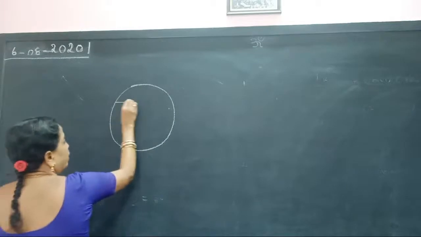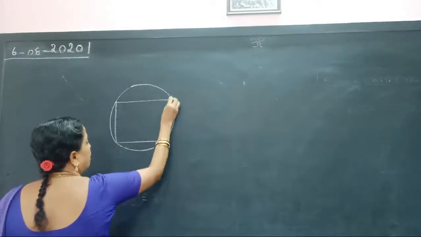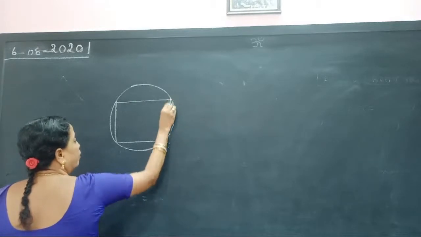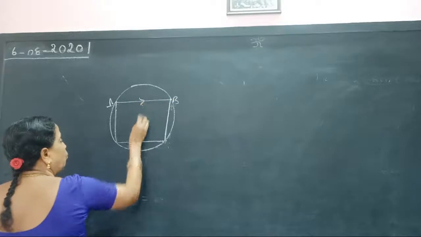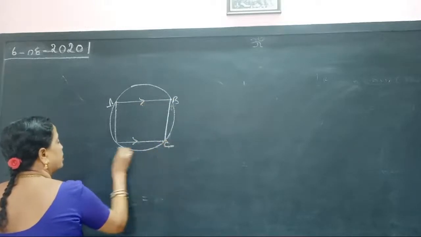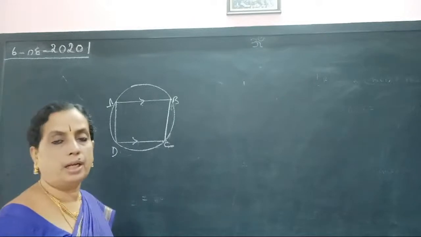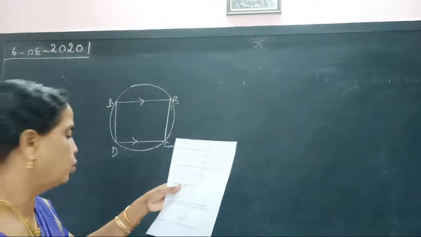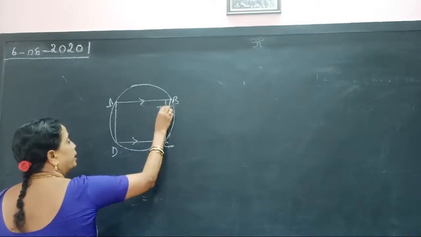Here it is given that one pair of sides of the cyclic quadrilateral is parallel. When it is parallel, then we can apply co-interior angles are supplementary. In the given figure, AB is parallel to CD. Angle B is 70 degree.